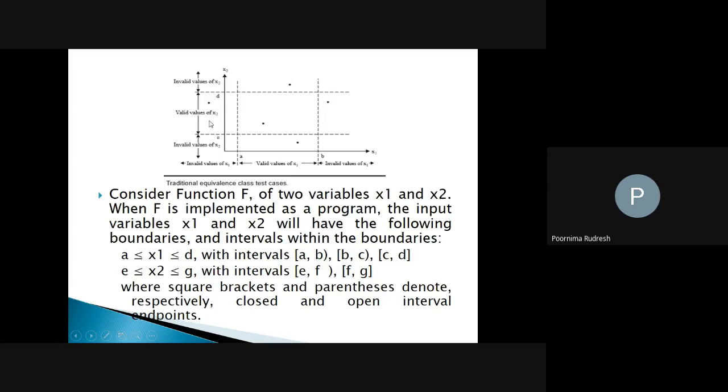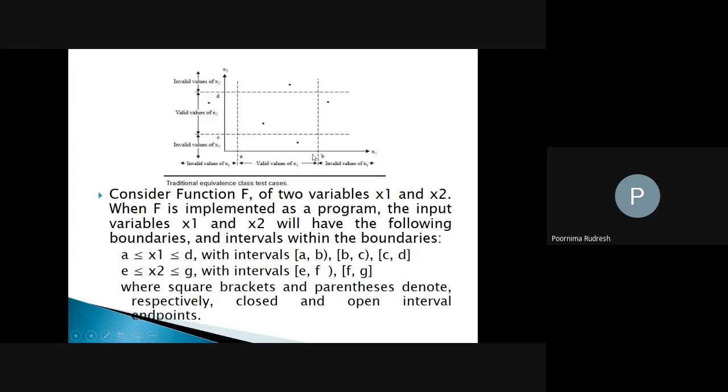The range between c and d is considered as the valid values of x2, and outside d and c are considered as the invalid values of x2. See here in the graph it is represented as invalid values for x2, and here also it is invalid for x2. Similarly for x1 the range is given, a to b.